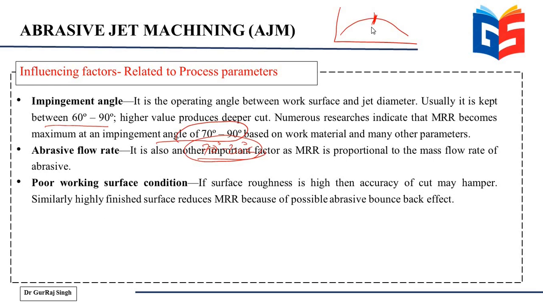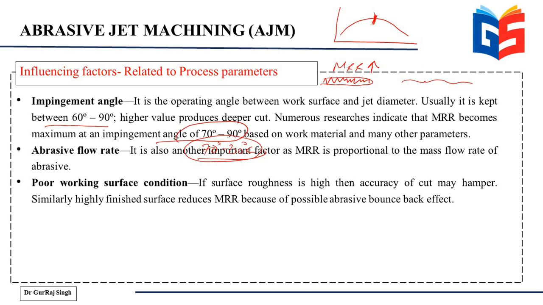Poor working surface condition. Well, if the surface roughness is high, then the accuracy of cut may be hampered. Say you have a surface of a rough profile compared to a surface of a planar profile. In case of your rough surface, the MRR is obviously going to increase, but the accuracy may fall.